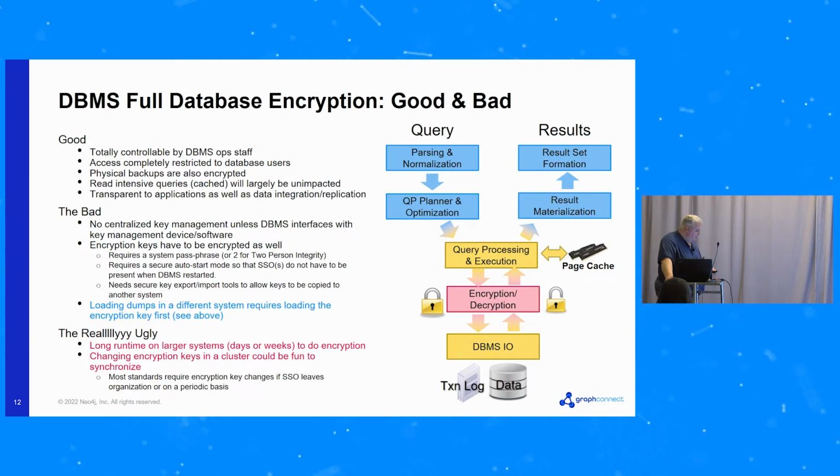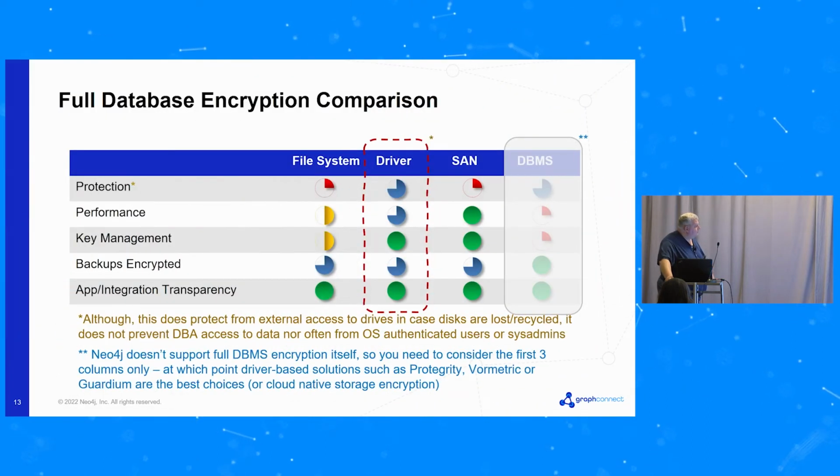And by the way, most sites that really do this for real say that if a key custodian leaves the company, you have to change the encryption key. Well, now you get to do it again, right? With the system online, yay. Doesn't work so well. So there are some problems with it.